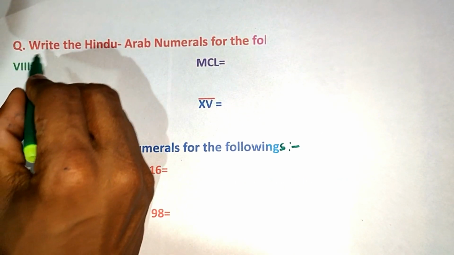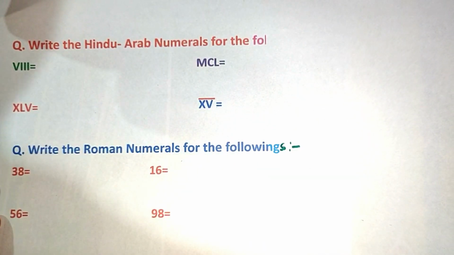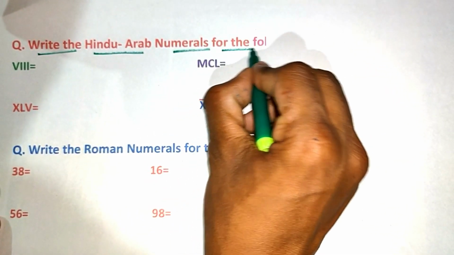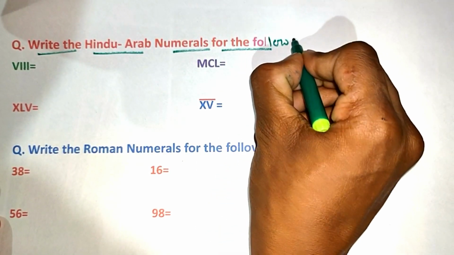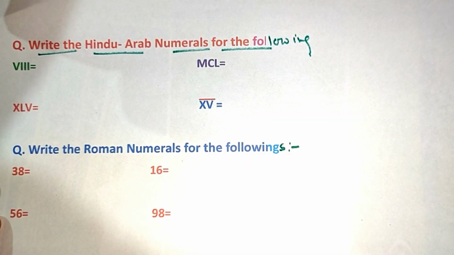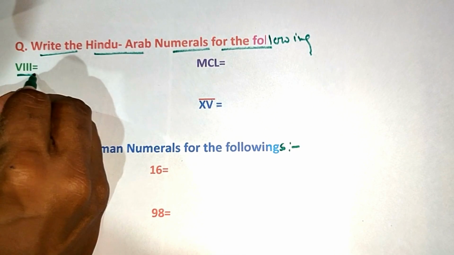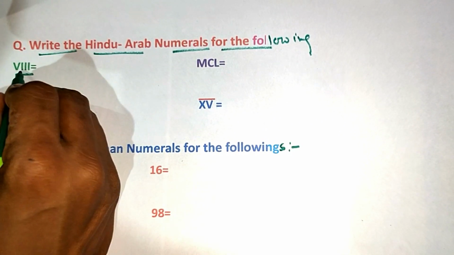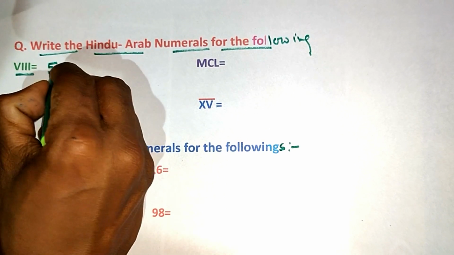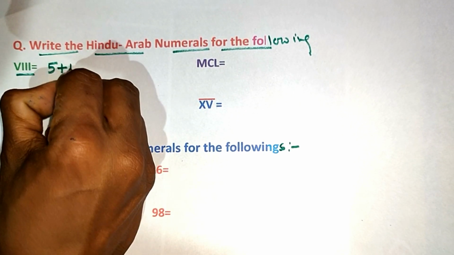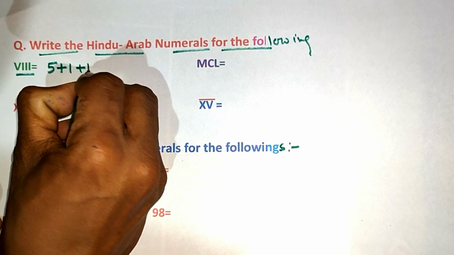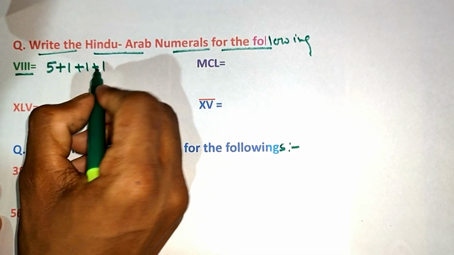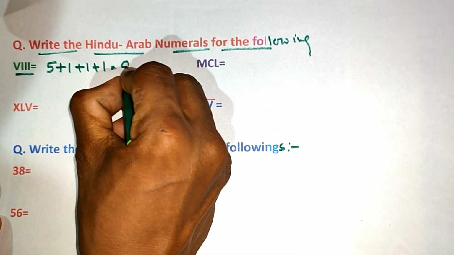Now we will solve some questions. The first question is, write the Hindu-Arabic numerals for the following. Here our first Roman number is VIII. So V means 5, plus 1 for I, another 1 and another 1. Here 3 I's are there, so we have to add 3 ones. So it will become 8.